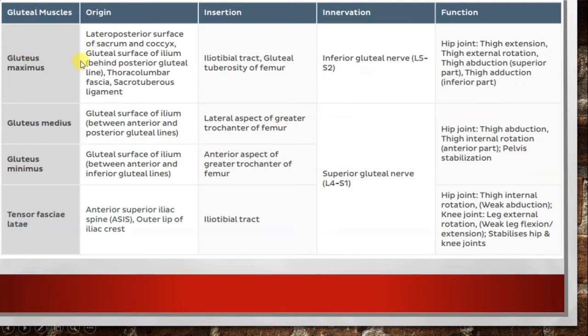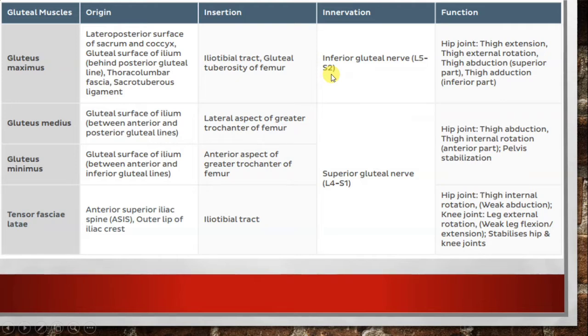So the gluteus maximus arises from behind the posterior gluteal line. There is also the thoracolumbar fascia and sacrotuberous ligament, which give origin to the gluteus maximus. It is inserted in the iliotibial tract and gluteal tuberosity of the femur. We'll see it in a minute.